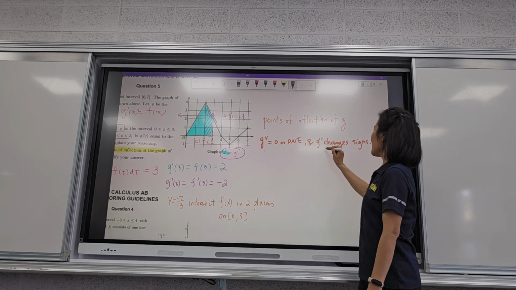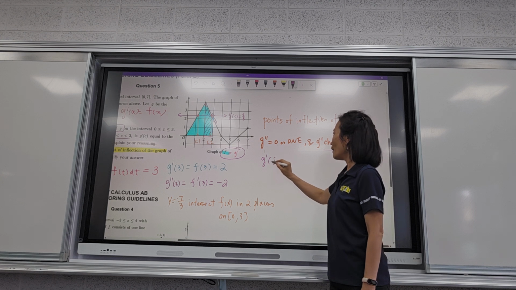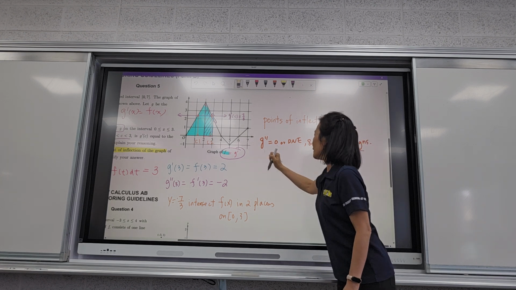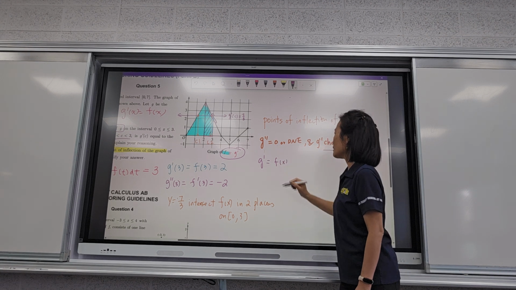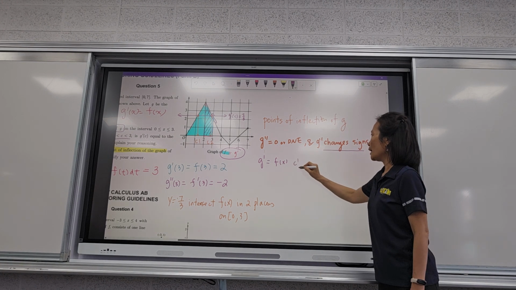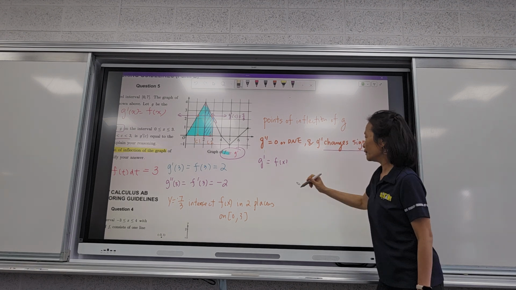So this is when g prime, which is f of x, g prime is equal to f of x, right? Changes the slope.